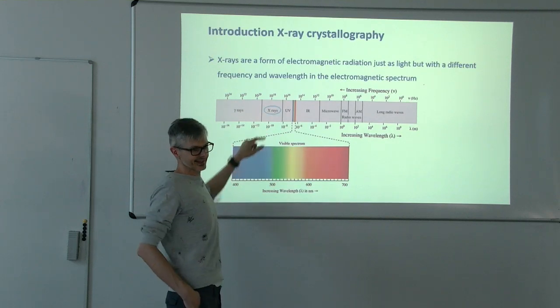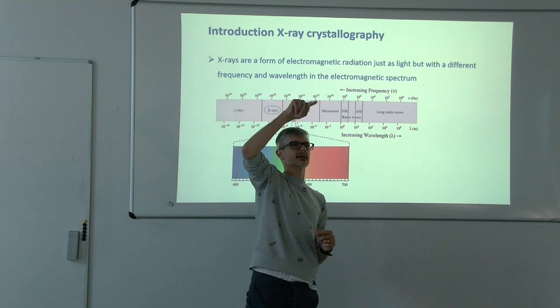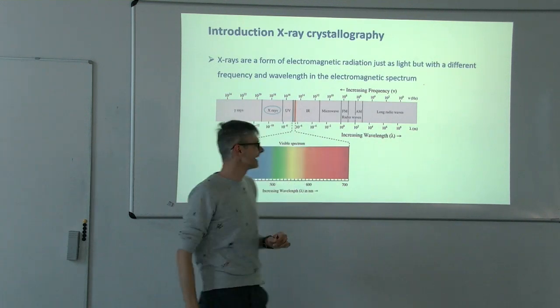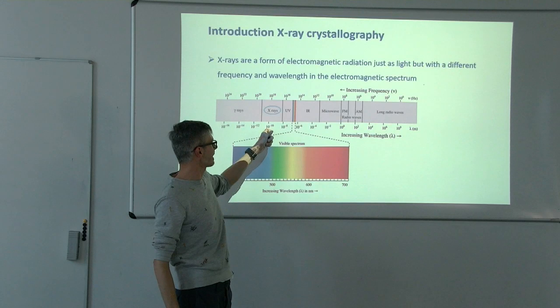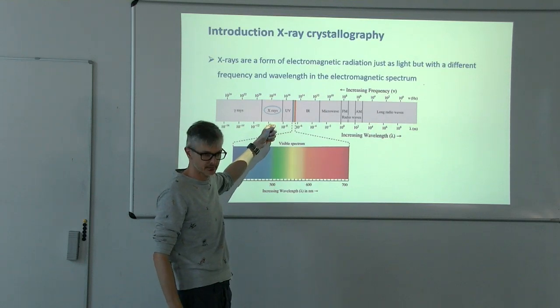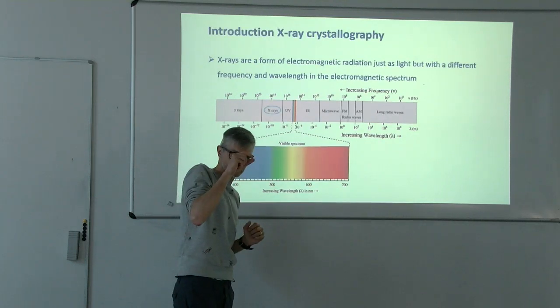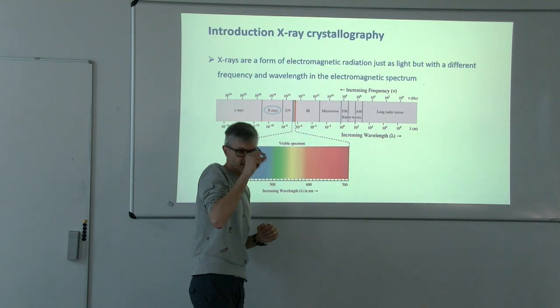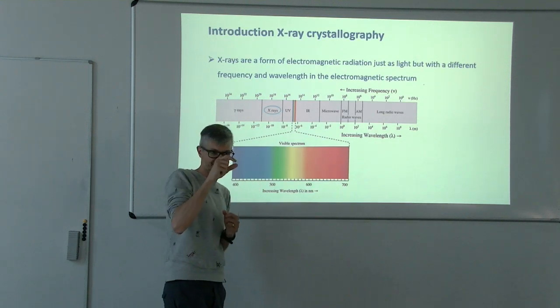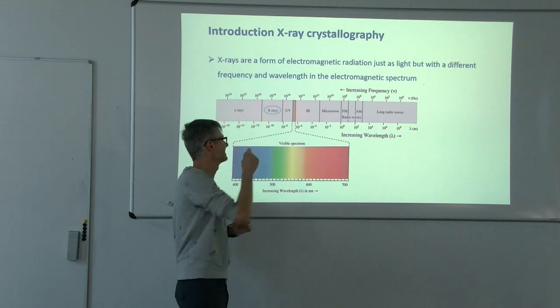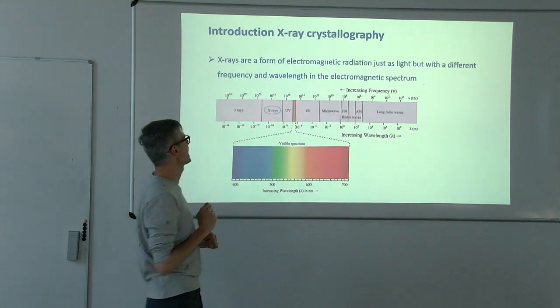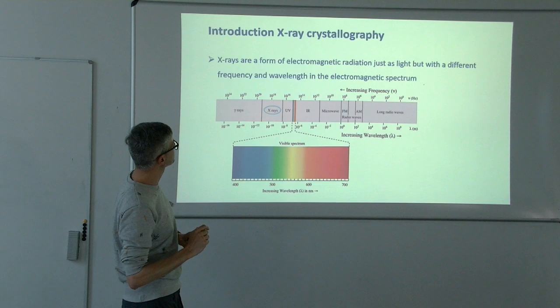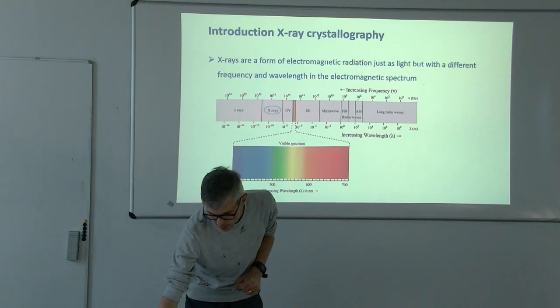If you've heard of that, it's an A with a dot on top of it, and that is 10 to the power of minus 10 meters. So these are the small distances in such a structure, and we need to visualize those distances, which is why we use X-ray technology to be able to measure that.